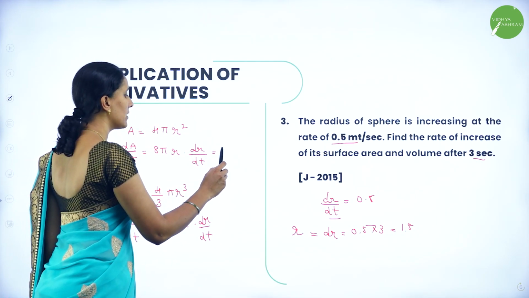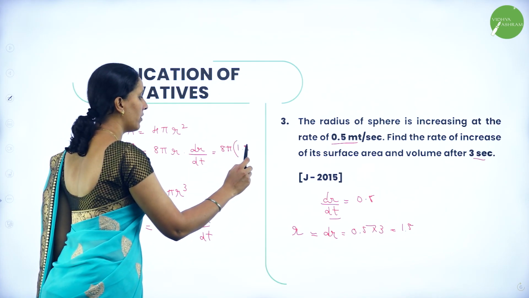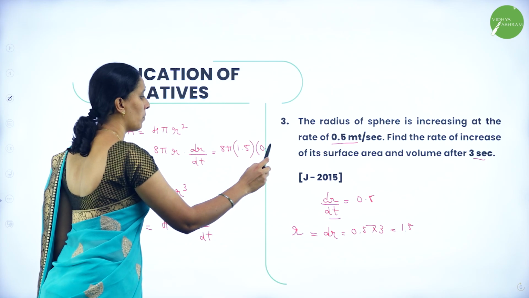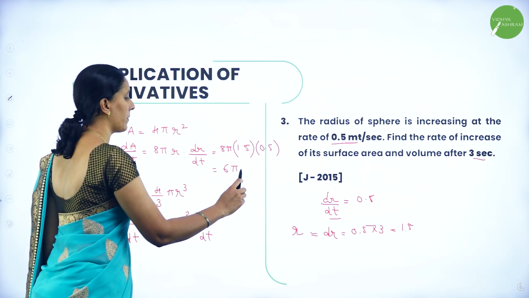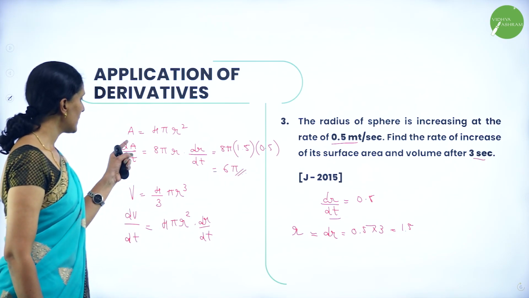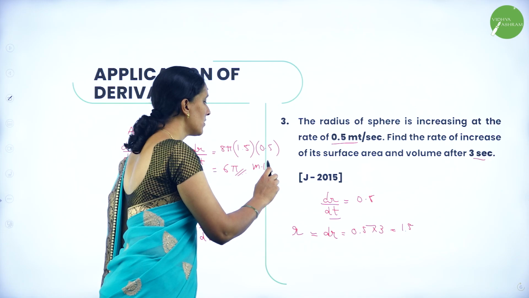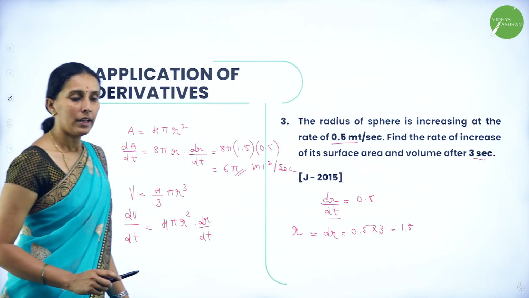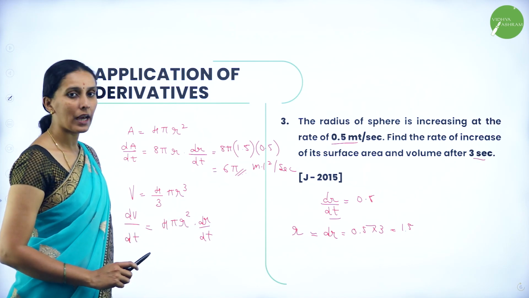So here we will get 8 pi into 1.5 into 0.5. Therefore this is equal to 6 pi. Since this is area, we can write this as meter square per second. Next we have volume. Here also we have 4 pi r square into dr by dt.